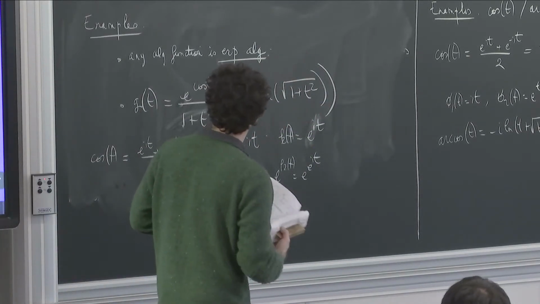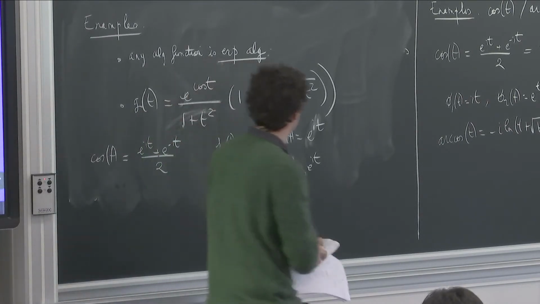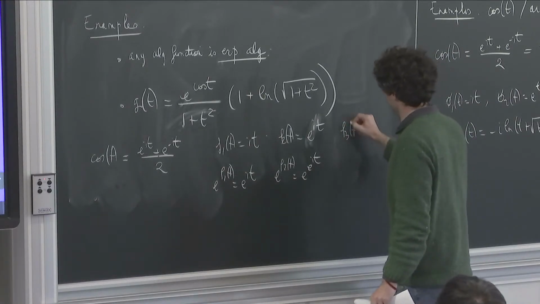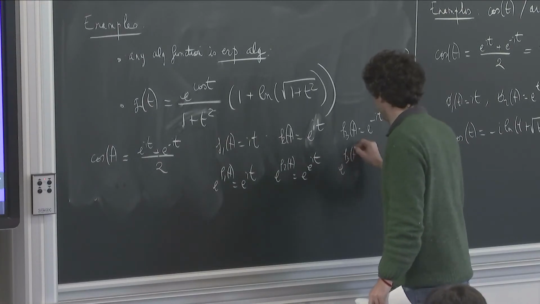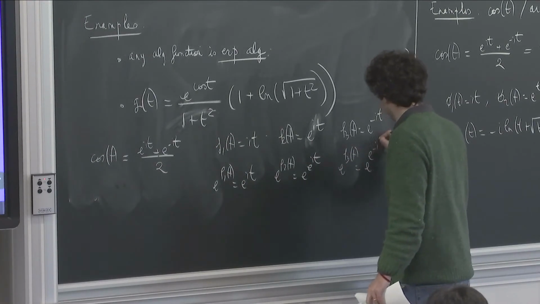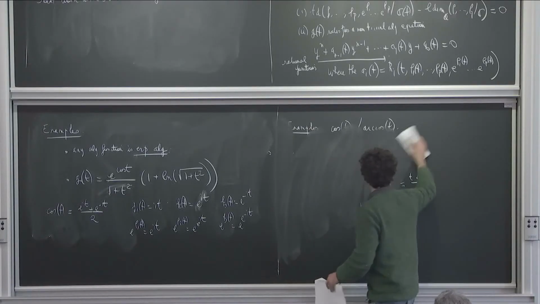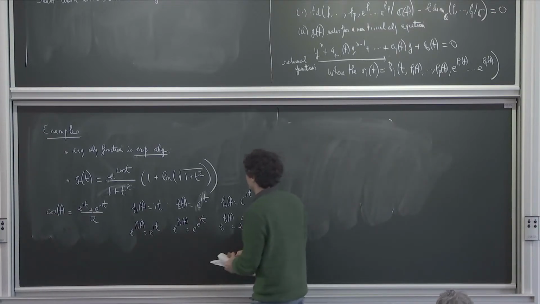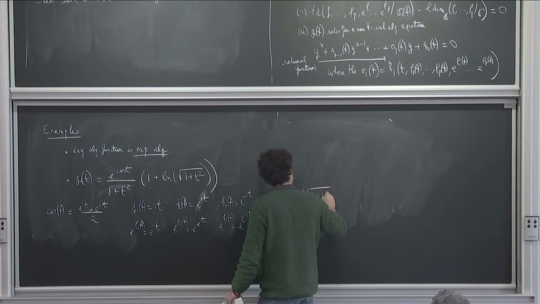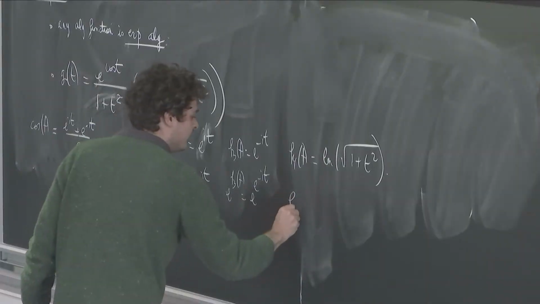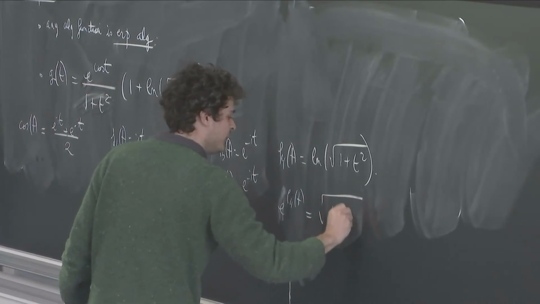But I also want, because I want to make the cosine, e to the power minus it, so I'm going to add a third function f3 of t, which is minus it, and e to the power f3 of t is equal to e to the power minus it. Then I'm going to add a fourth function to handle the logarithm part, f4 of t, which is the log of the square root of 1 plus t squared, and e to the power f4 of t will be the square root of 1 plus t squared.